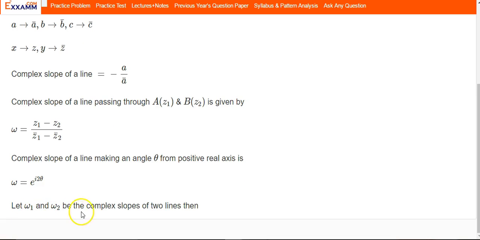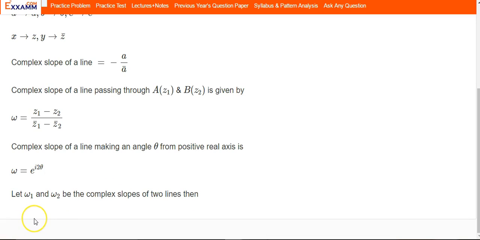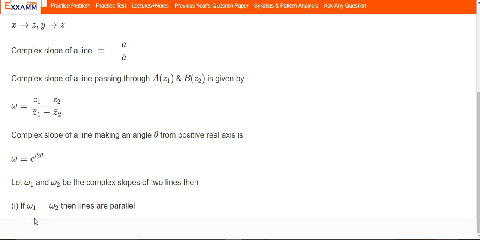If omega 1 and omega 2 are the complex slopes of two lines, then what is the condition of parallelism between these two lines? That their complex slopes should be equal. So omega 1 should be equal to omega 2 when the lines are parallel.